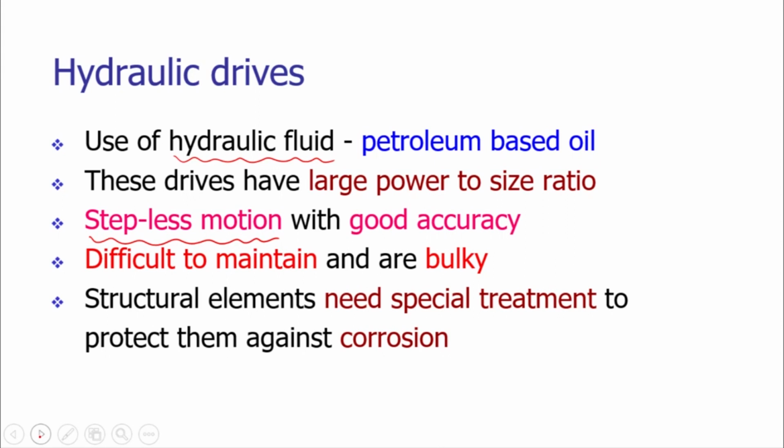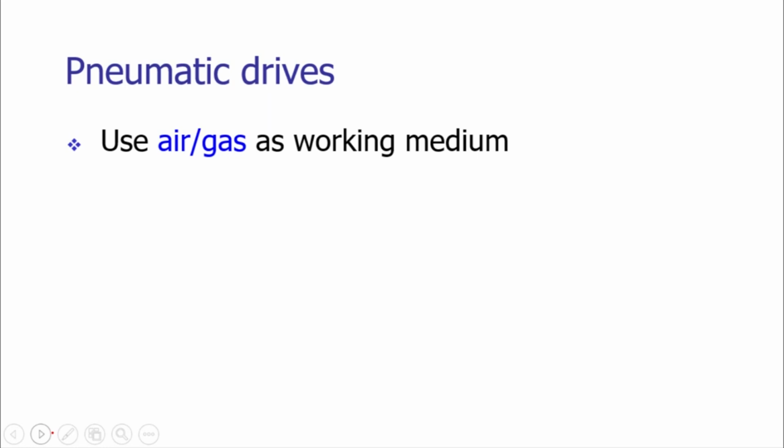So that's why the maintenance of the hydraulic drives is comparatively high, and the size is also quite bulky. As the elements are facing the problem of corrosion, during the construction of these drives, we should give special treatment to these elements to protect them from the corrosion. The third type of drive is the pneumatic drive.